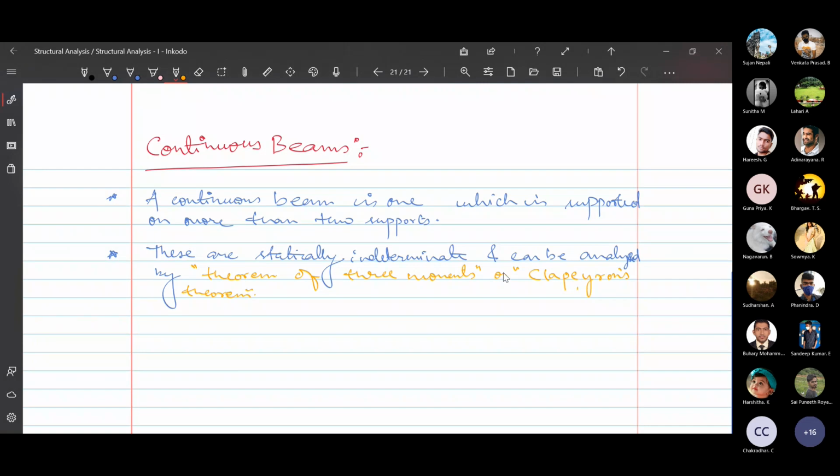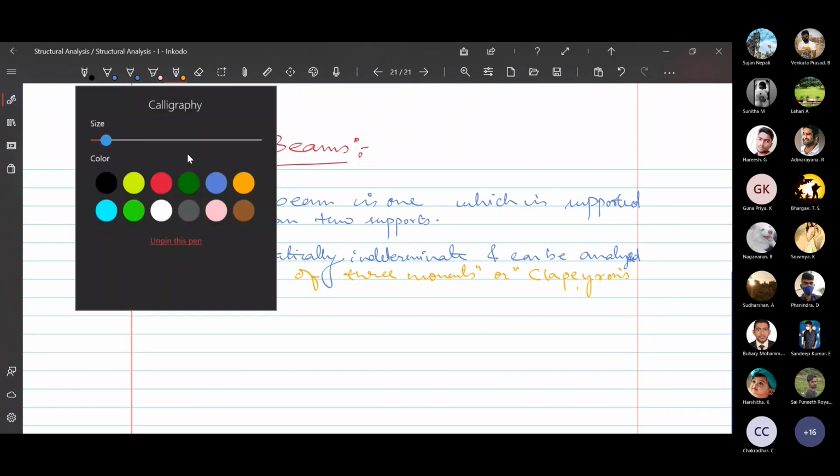Okay, so now let us discuss what is this Clapeyron's method and all.